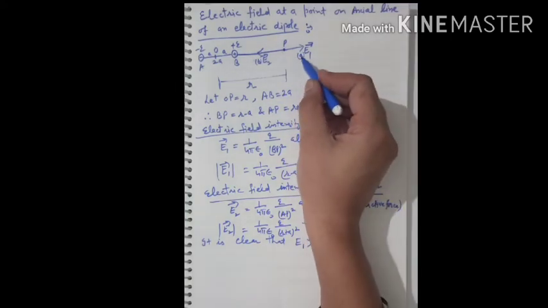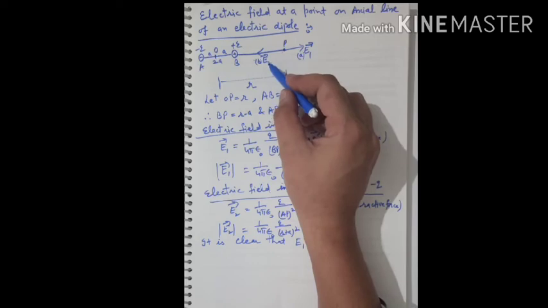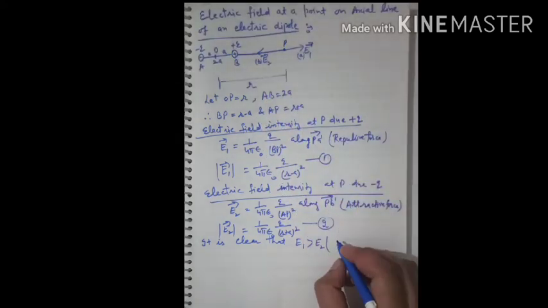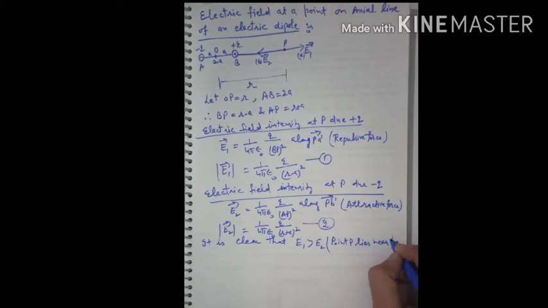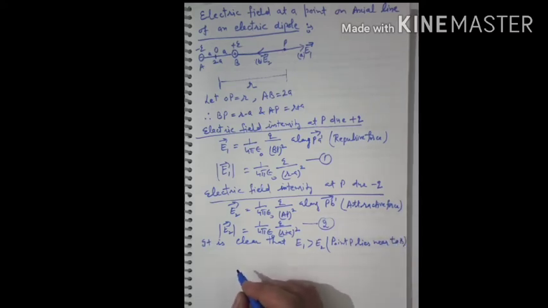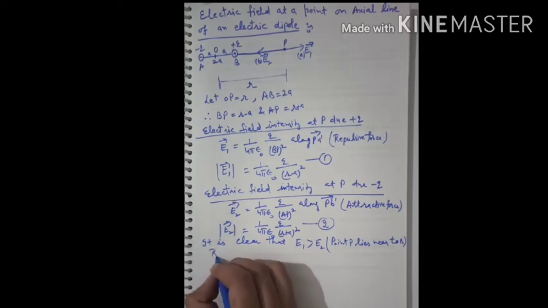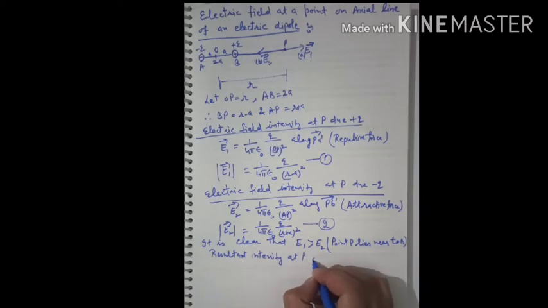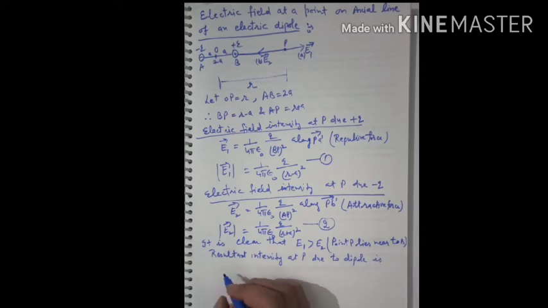The intensity at point P, E1, is greater in magnitude than E2 because this point P lies near to B. So the resultant intensity at P due to the dipole is given by: resultant intensity is equal to E1 minus E2.